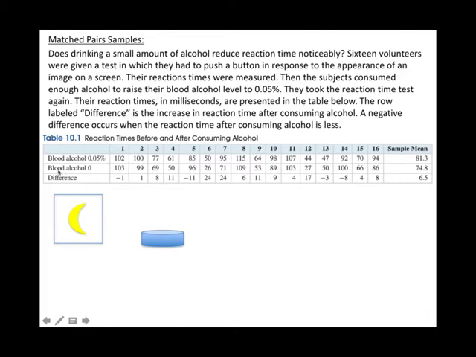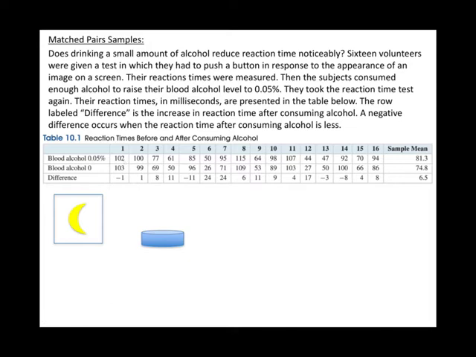This is the first one: blood alcohol 0 means they never consumed any alcohol. They take the test, and the first guy's reaction time is 103 milliseconds. Then after he consumes some alcohol and his blood alcohol level reaches 0.05%, he does the test again, and his reaction time becomes 102 milliseconds.